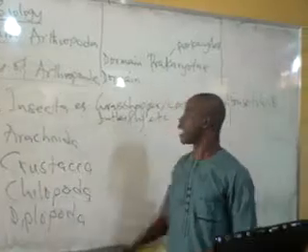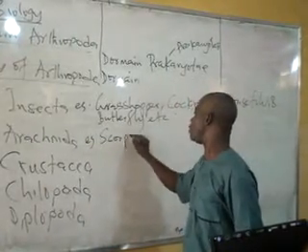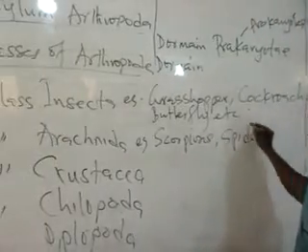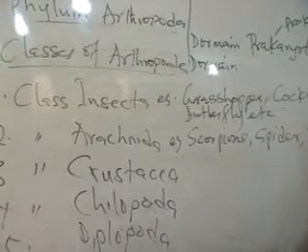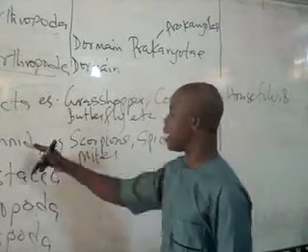Examples of organisms classified as Arachnida include scorpions, spider, ticks, mites. They are all members of the Arachnida.